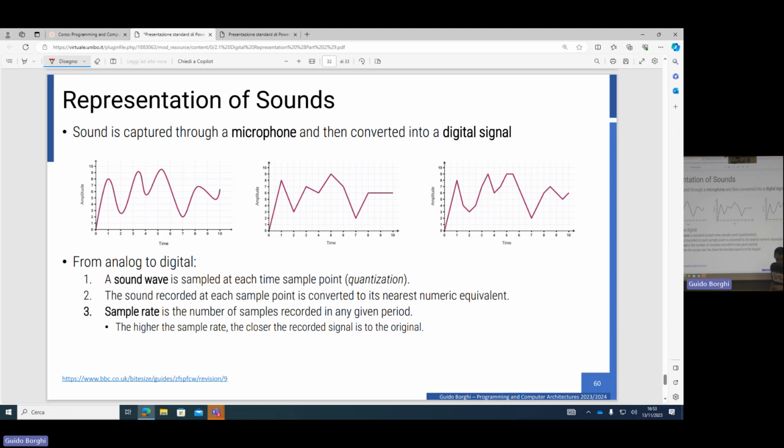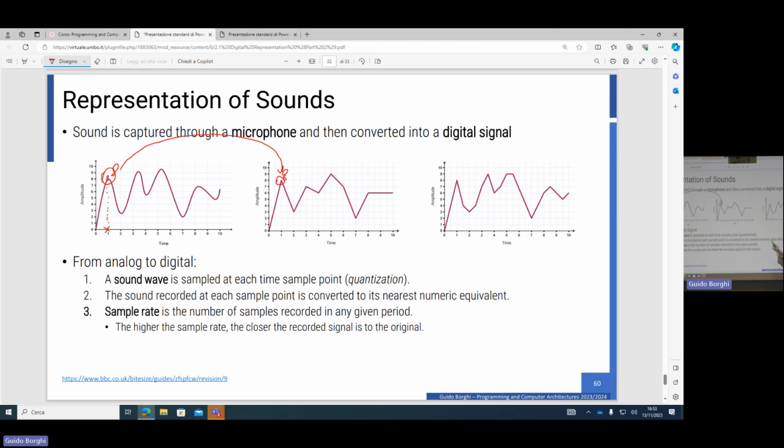For example, here we sample this point, and here we have the value 8, and then we pass the value 8 here, in which we have the same value 8.